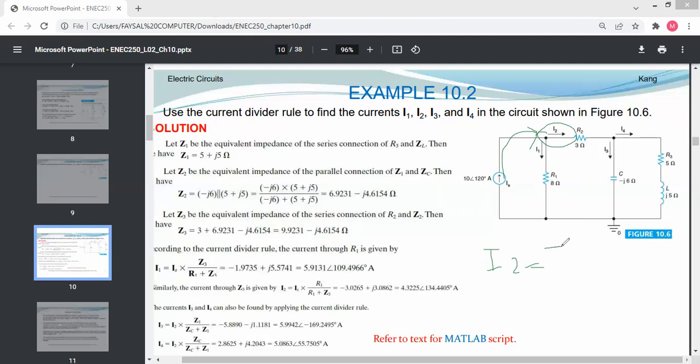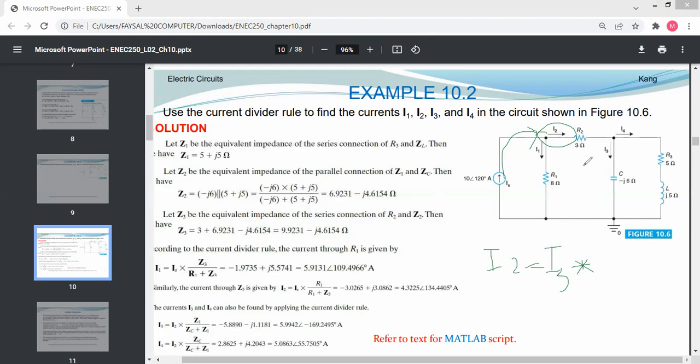So it will be multiplied with the value of my capacitance or inductance value.